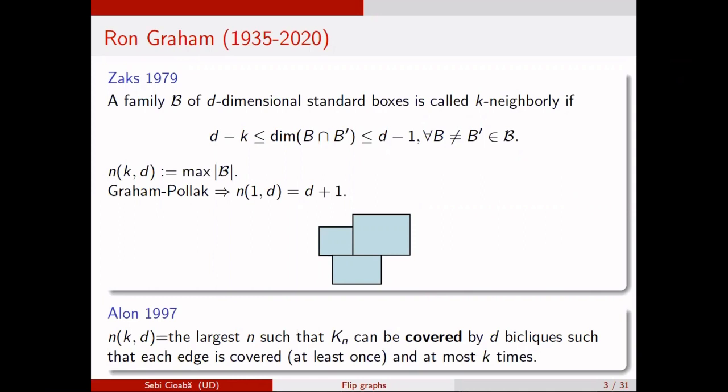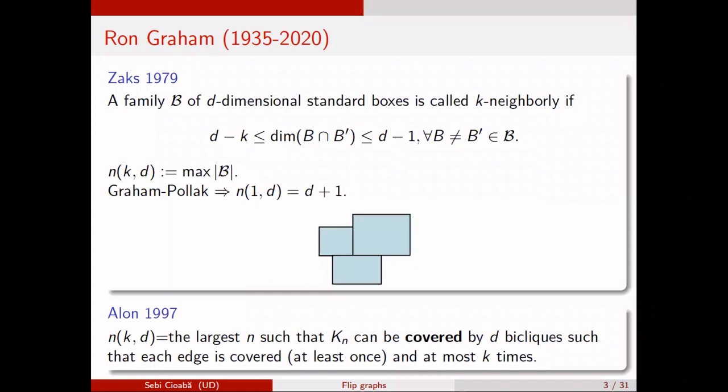If you restrict yourself to d-dimensional standard boxes, so the edges of the boxes are parallel with the axes, you have this notion of k-neighborly boxes, and you're interested in calculating the maximum size of such a family. Sachs observed that the Graham-Pollack theorem implies that this parameter n_1^d actually equals d plus 1, and you have an example there of boxes in R2. You have 3 boxes. That's the maximum you can find.